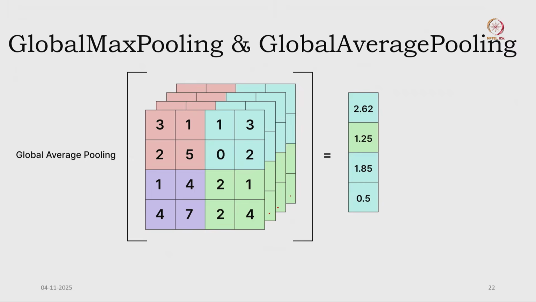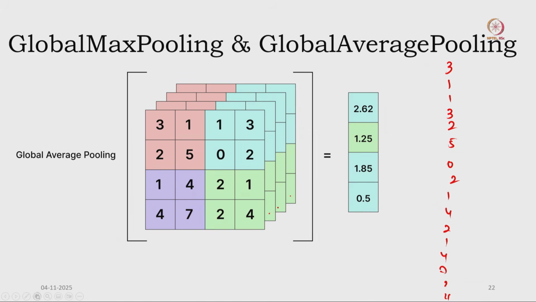Now, if you had to go for a flatten layer, what would you have done? It is 3, 1, 1, 3, 2, 5, 0, 2, 1, 4, 2, 1, 4, 7, 2, 4. This is 1. Similarly, the second you will continue below, the third you will continue below. So, definitely the size is larger.